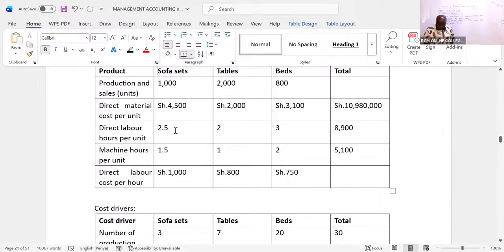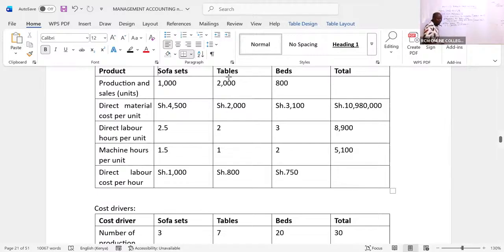So to get the total labor hours, this is what I will do. I will take 2.5. This is per sofa set. And how many sofa sets are we producing here? 1,000. Some labor hours will be spent on producing the next product, tables, where I'm going to have 1 hour times 2,000.